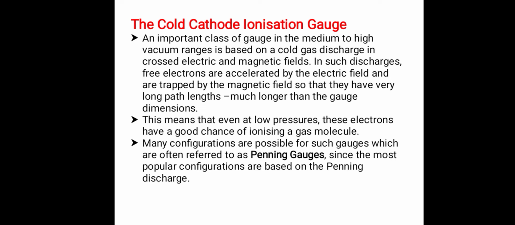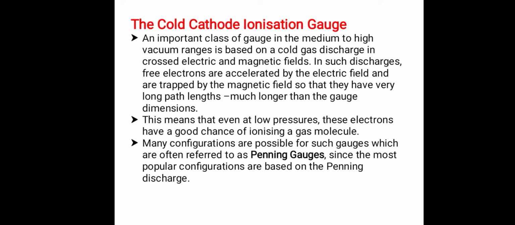Due to that, the electrons are continuously moving in a helical path in the chamber, so the electron acquires a maximum path length in the space available, longer than the gauge dimensions.